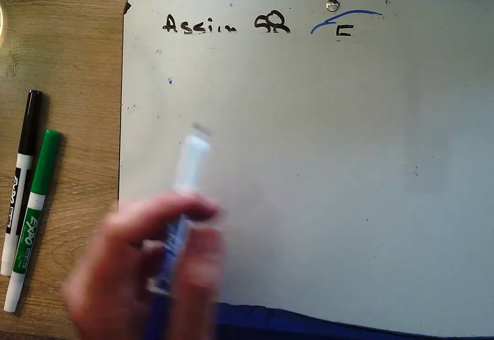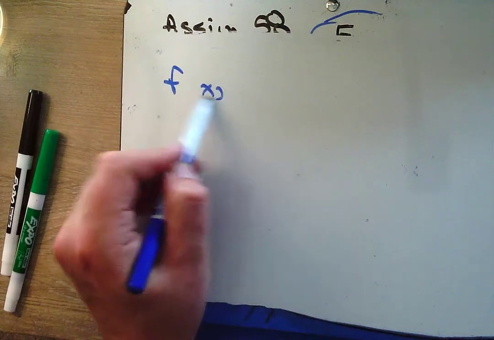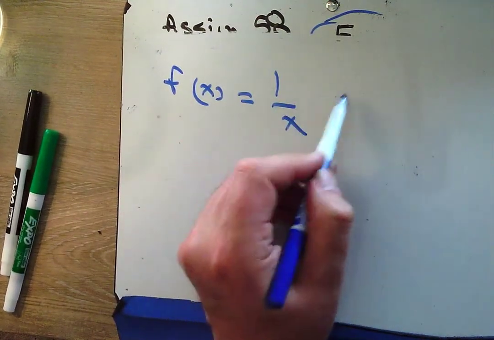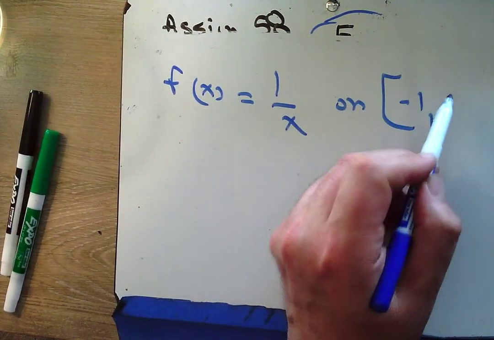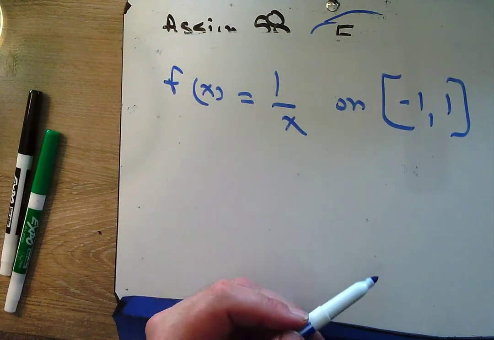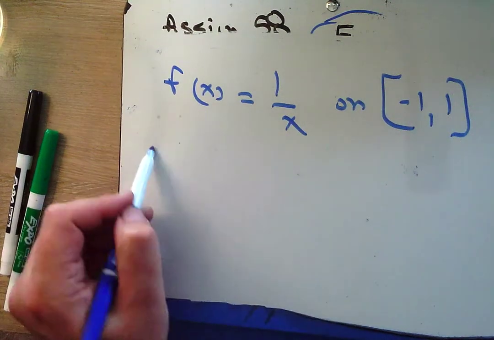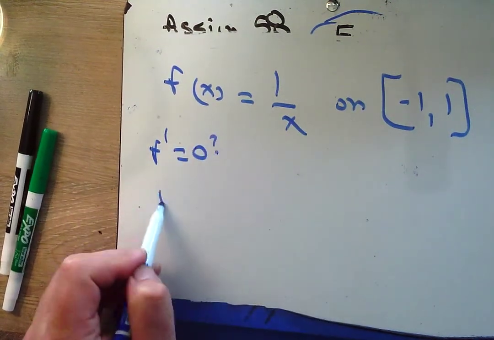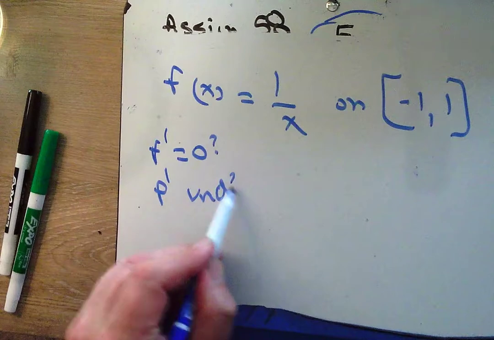Let's try one or two more. How about f of x equals 1 over x on -1 to 1. All right, so, f prime equal to 0, f prime undefined.